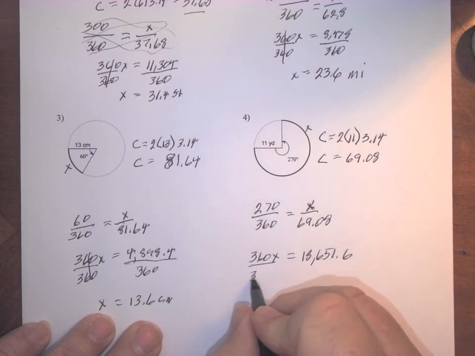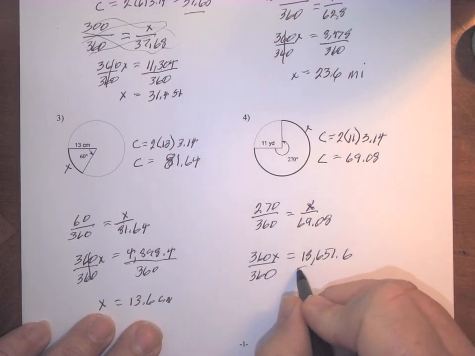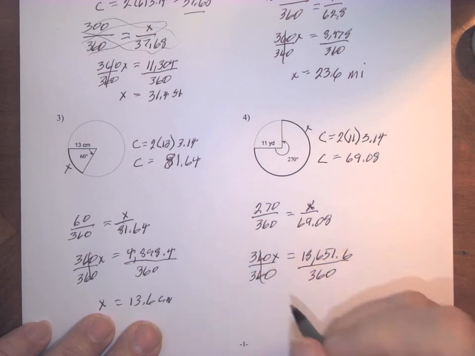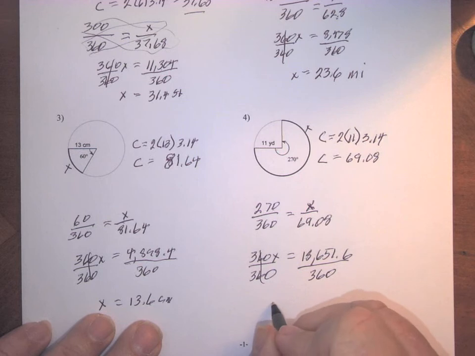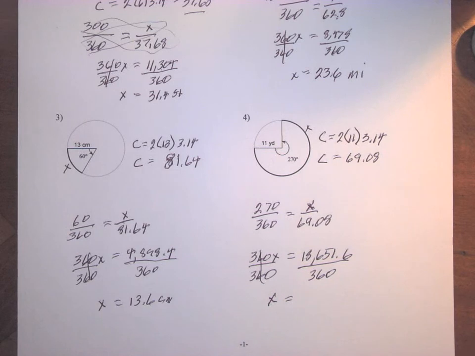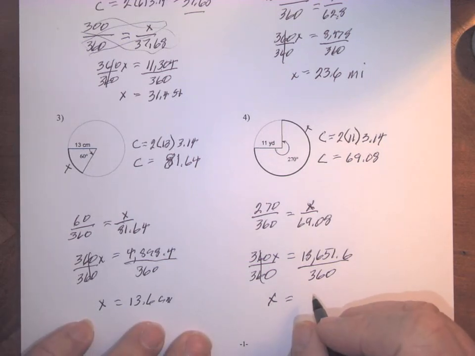We divide by 360. Got to keep both sides the same. Well, that 360 goes away and becomes a 1, so we're left with x is equal to 18,651.6 divided by 360, which gives us 51.8, and in this case it is yards.